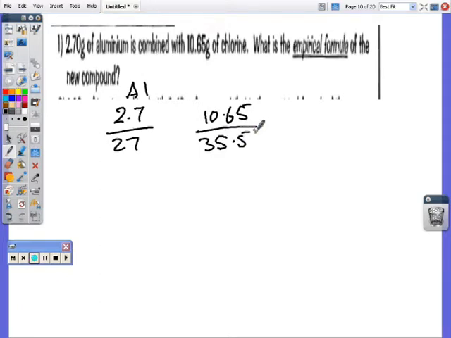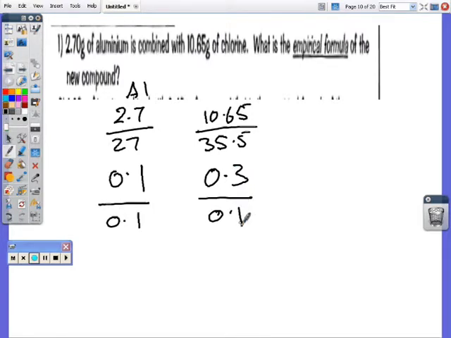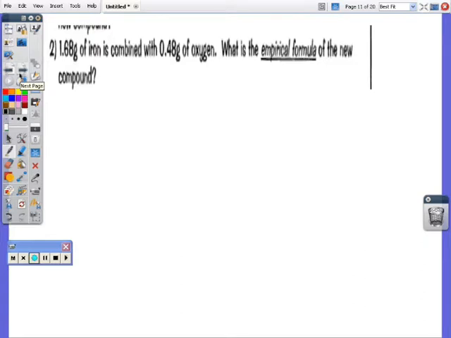So the moles there are obviously 0.1, and we have here 0.3. So 0.1 over 0.1 and 0.3 over 0.1 means we have a 1 to 3 whole number ratio, and we have a compound of aluminium chloride, AlCl3.